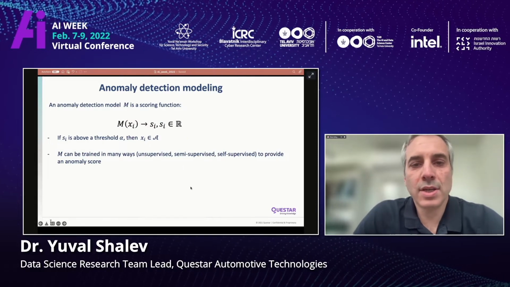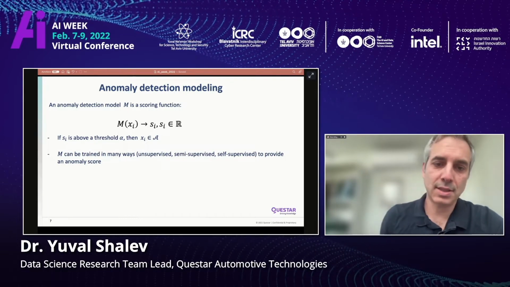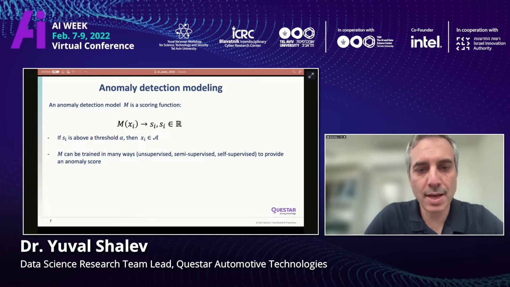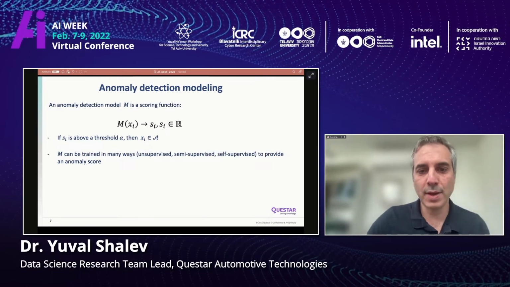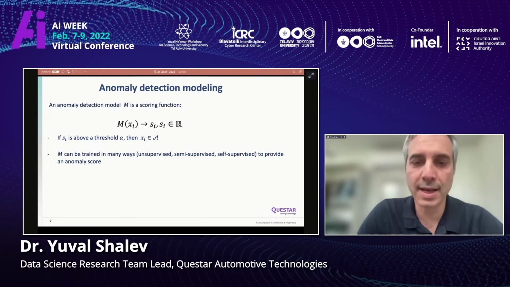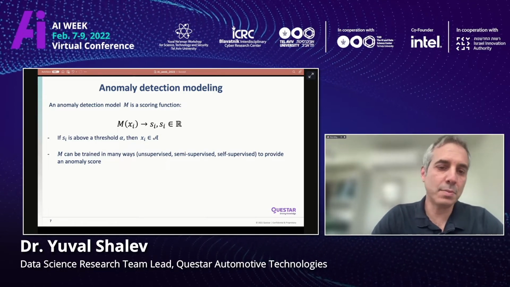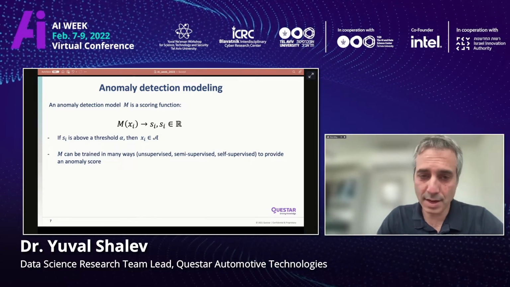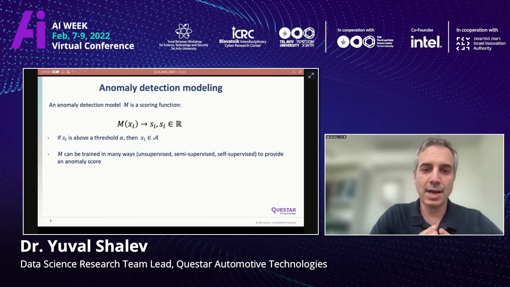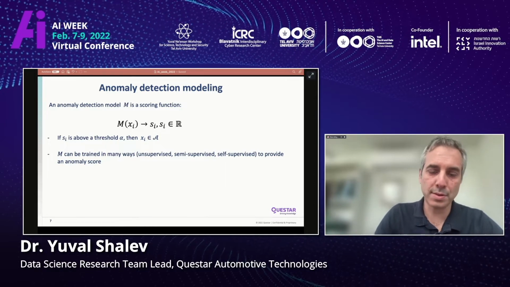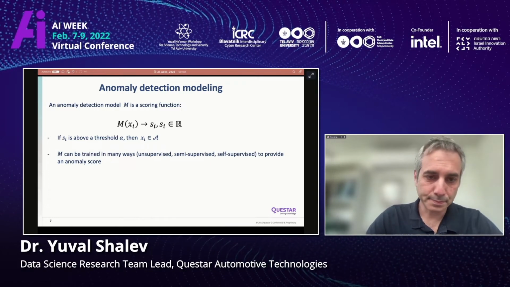So what is actually anomaly detection modeling? We have a model that obtains a point x_i and gives back a score, a scalar. And we say that if the scalar is above a certain threshold alpha, this point is an anomaly. The anomaly detection pipeline includes both the scoring model and the threshold.